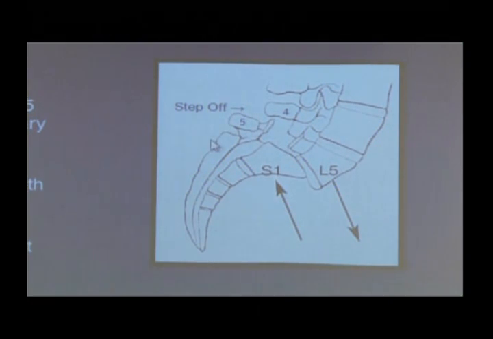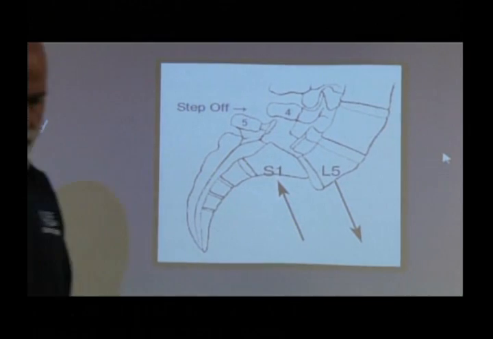So it feels like a very posterior segment, and then when you get over it, you'll notice that there is like a step off or a valley, and that would be where the L4 spinous process is sitting. So they're fairly easy to find.